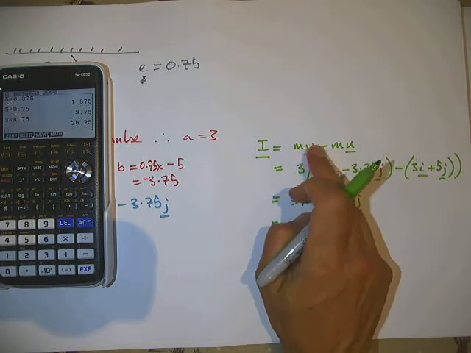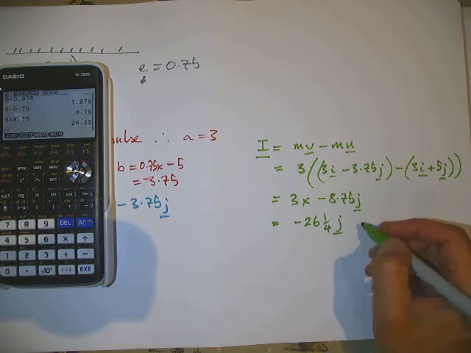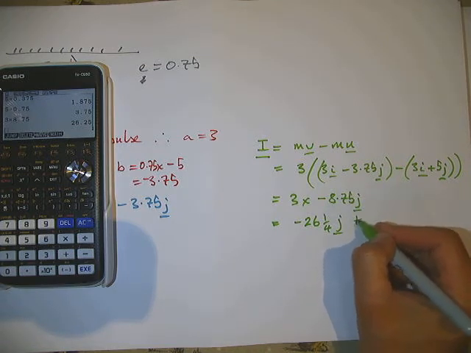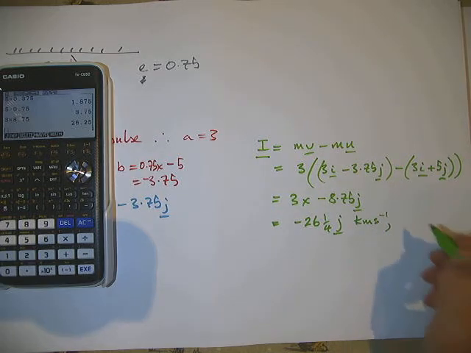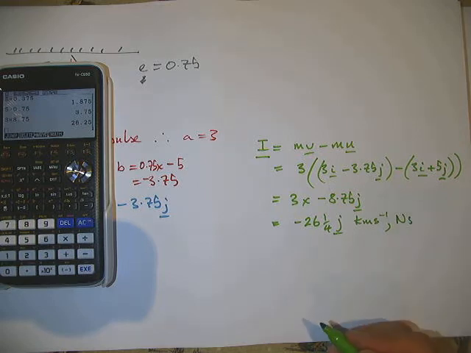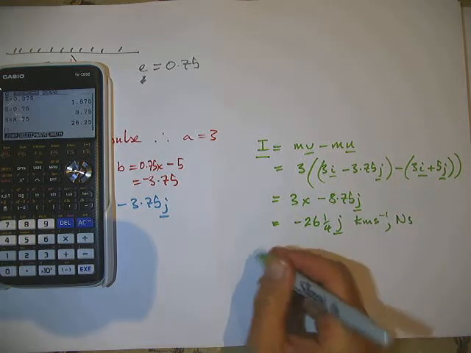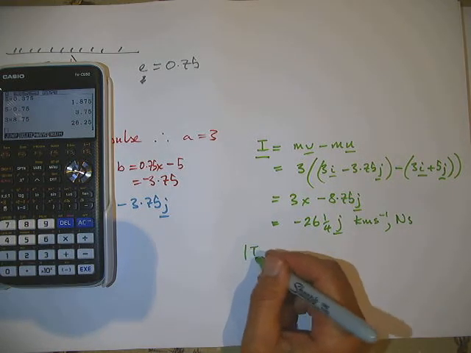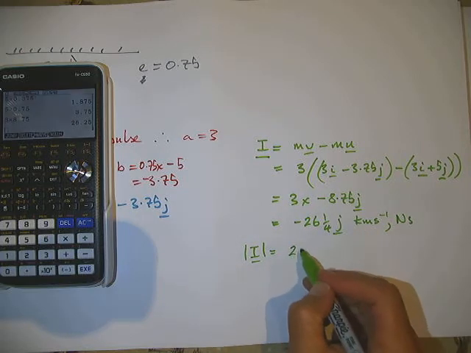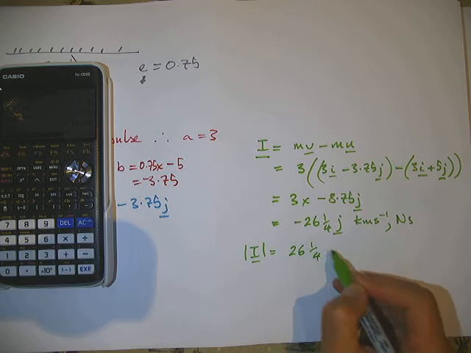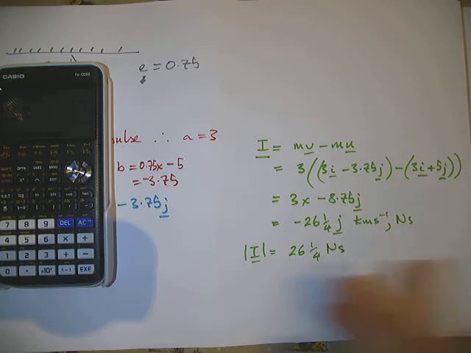Impulse is measured in kilogram meters per second, or in Newton seconds. So the magnitude of the impulse, it's only got one component, is 26.25 Newton seconds.